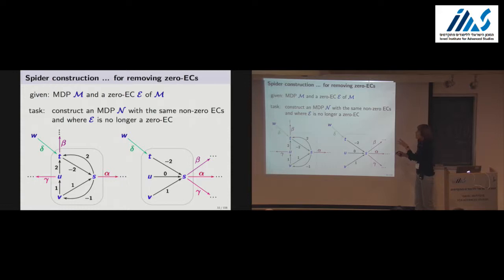So this is now one 0 EC eliminated, and you can repeat this process until all have been eliminated, or you have found a gambling EC, in which case the given MDP is weight divergent, and the expected accumulated weight is infinite.